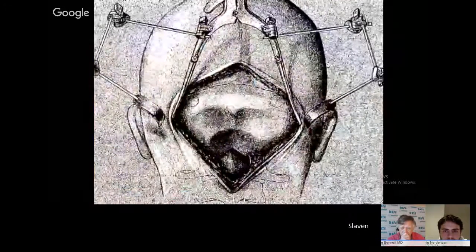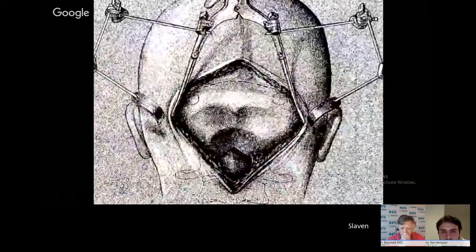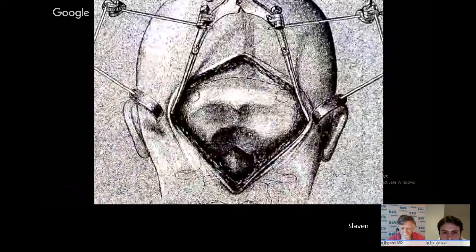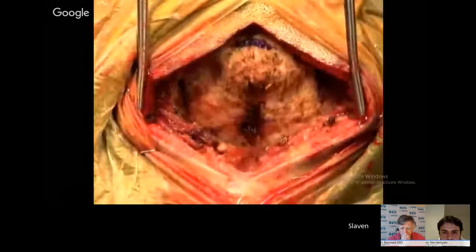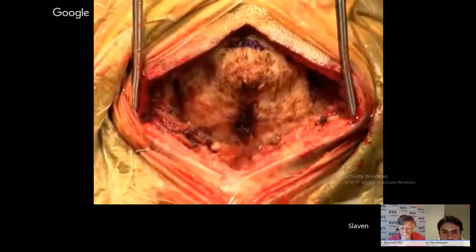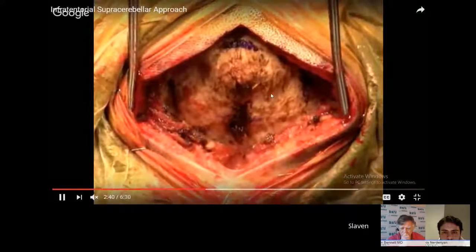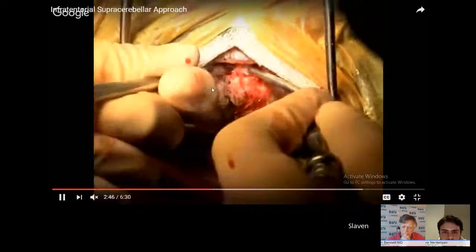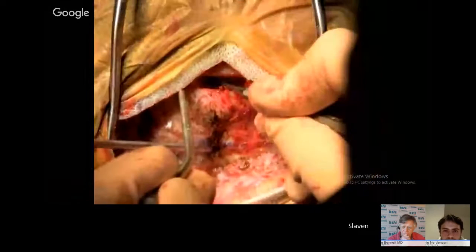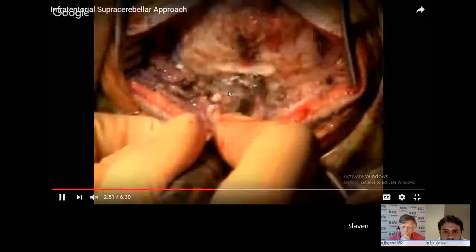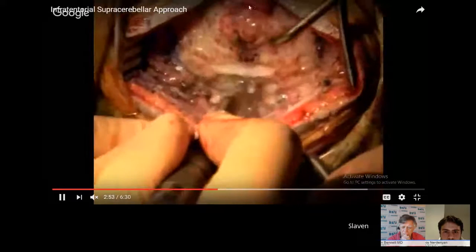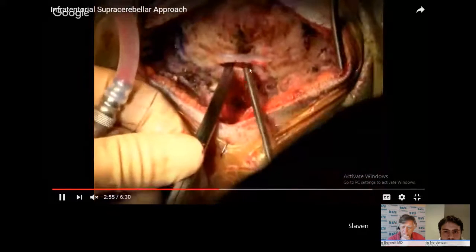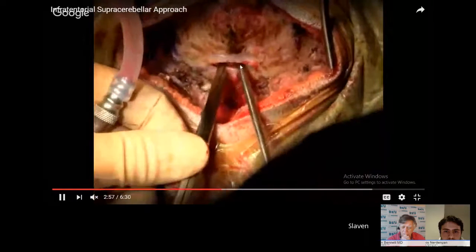For this, the bipolar forceps is used, and this is a device that coagulates the vessels, and it has the plus pole and minus pole as a forceps, so everything that you catch with it can be burnt or coagulated. Then after this is done, the craniotomy burr holes are put on the skull.